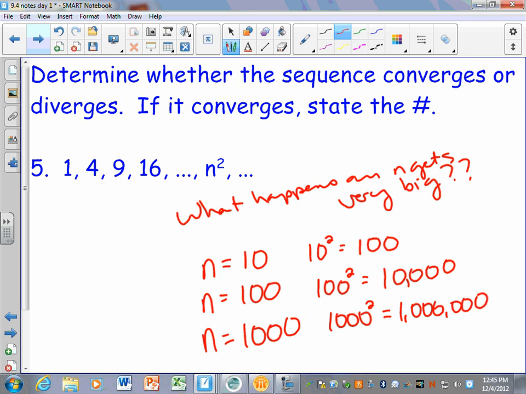Would you say this sequence, as n gets bigger, is my answer going towards a specific number, or does it just keep getting really big or really small? Do you agree that this just keeps getting bigger and bigger? The bigger number I choose for n, am I going to keep getting a bigger number for n squared? Yes. Maybe you could have thought about that just from looking at n squared. It's just going to keep getting bigger no matter what you plug in there.